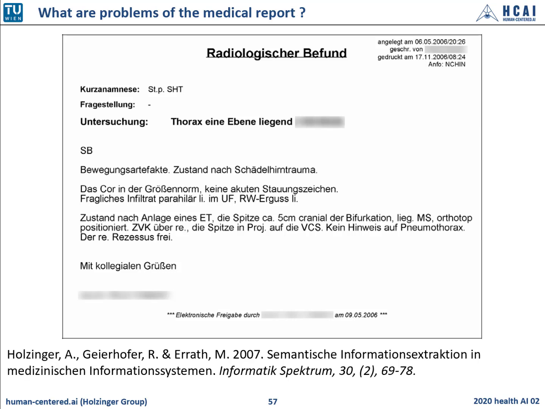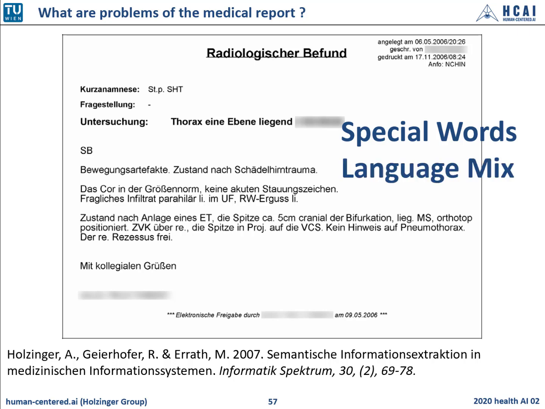As I have aforementioned, the goal is an all-digital hospital, which produces a lot of data, but most relevant is the unstructured text, and this is the Arztbrief. And here you see such an example, a medical report of a medical image, and this report is very important because it's legally binding, but it's difficult because it contains a lot of special words, particularly German words, a mix of Latin and German and so on.